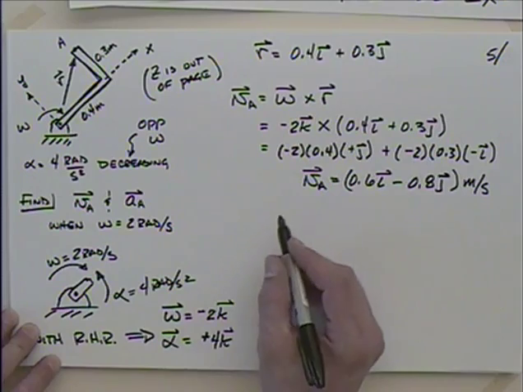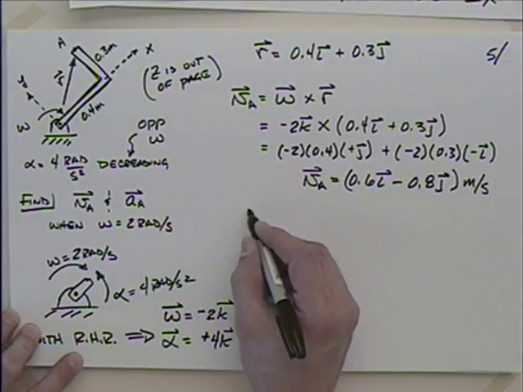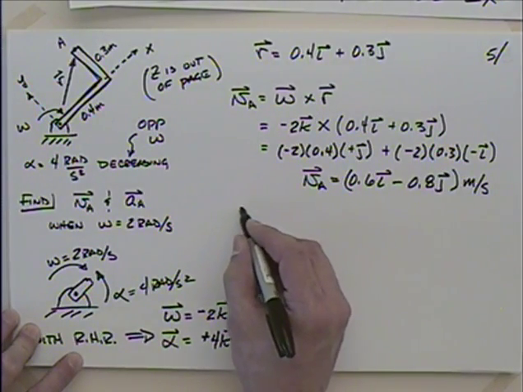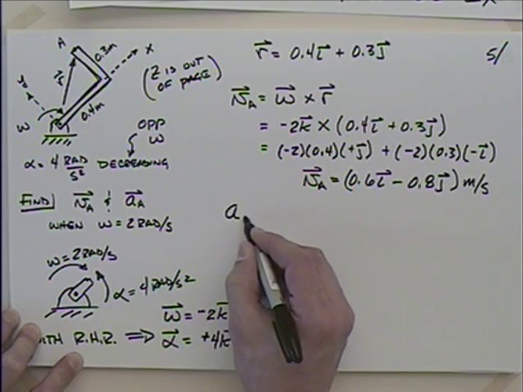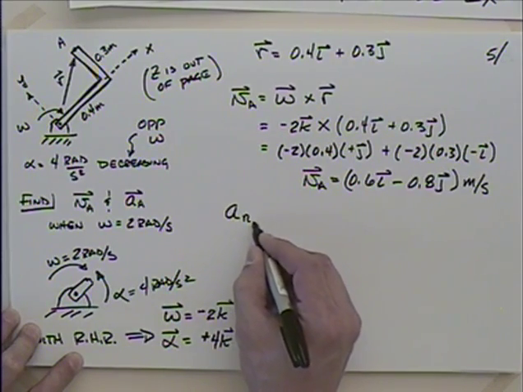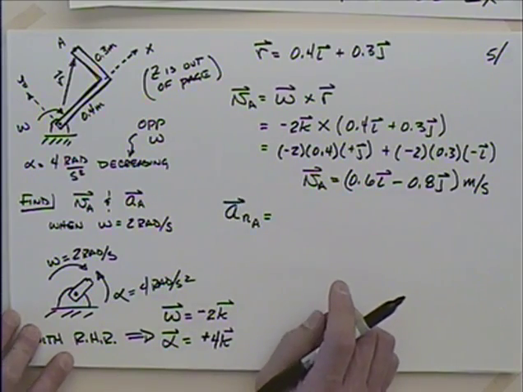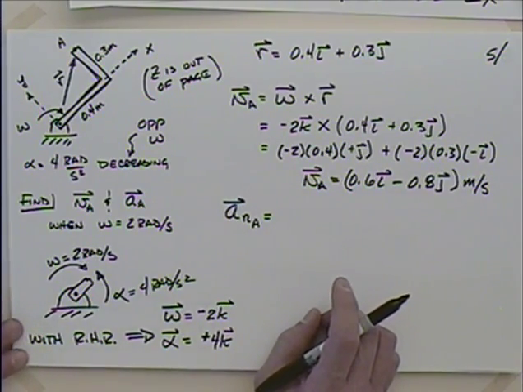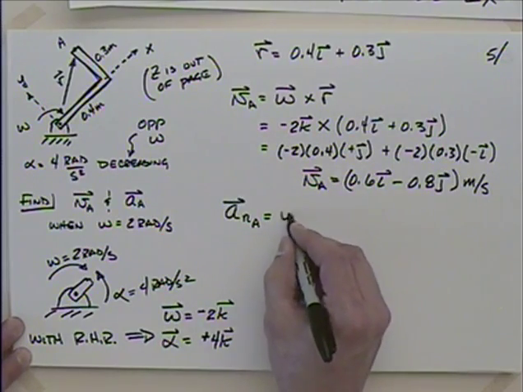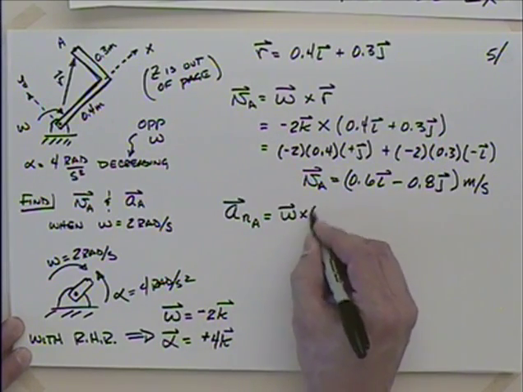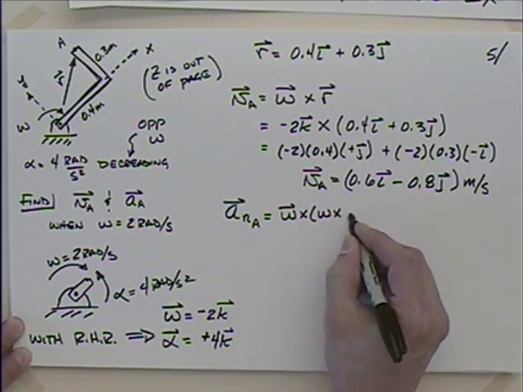Well, what about our acceleration in the normal direction? Acceleration in the normal direction for A. What could we do with that? I mean, you could say that it was omega crossed with r.